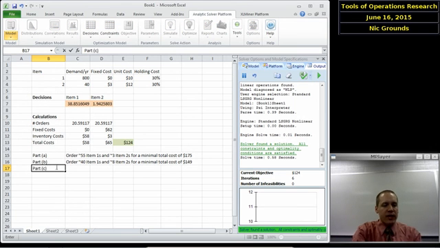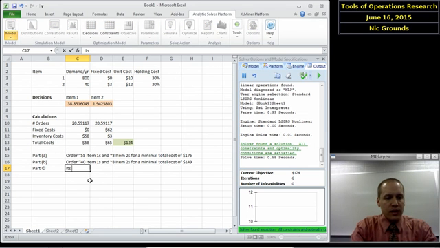is going to be, okay, is it better to order jointly for the lower fixed cost or independently with the higher fixed cost? And in fact, we see the lowest total cost is better if we order jointly by only paying a $3 fixed cost instead of $6 fixed cost.